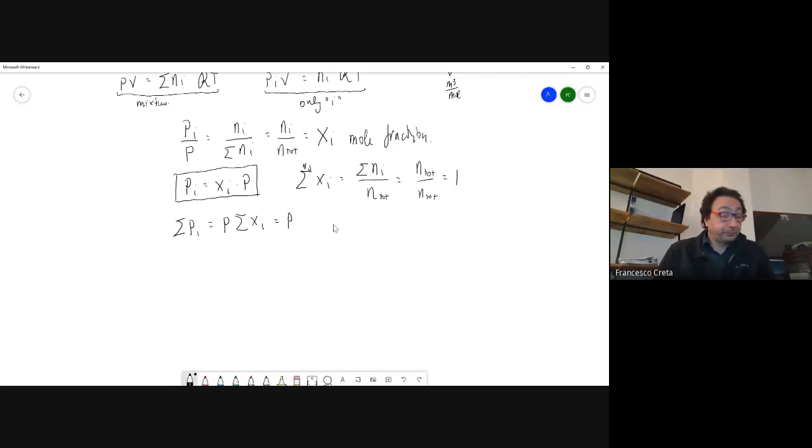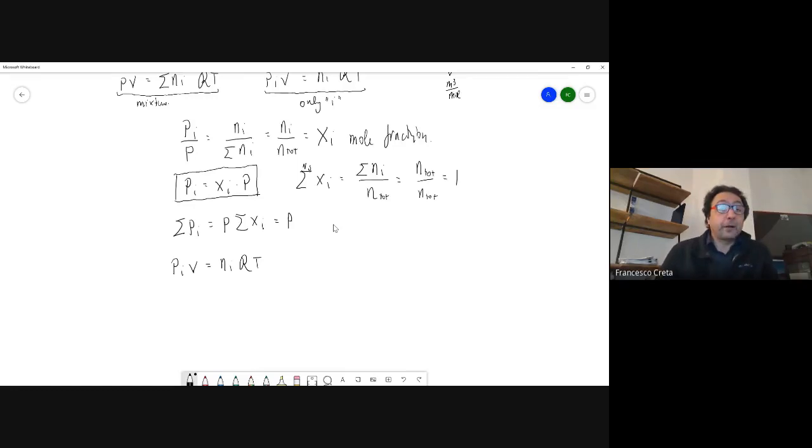What else? Well, depending on what you divide with, you have all sorts of definitions. For example, let's go back to our equation of state.